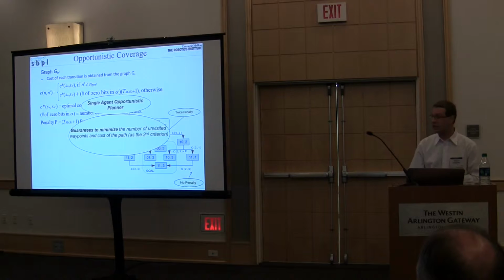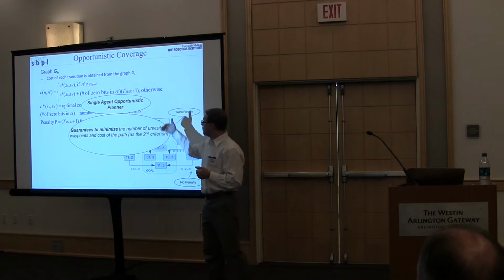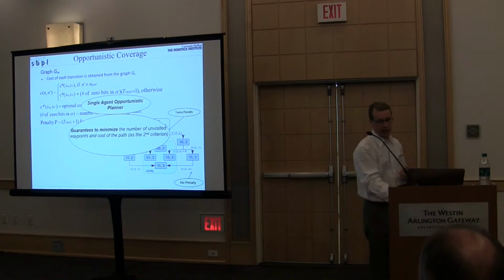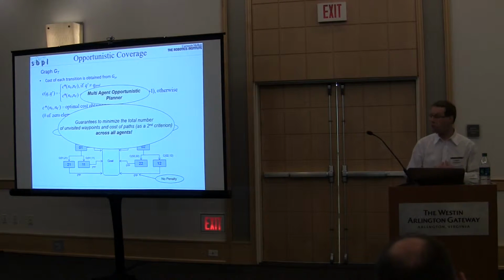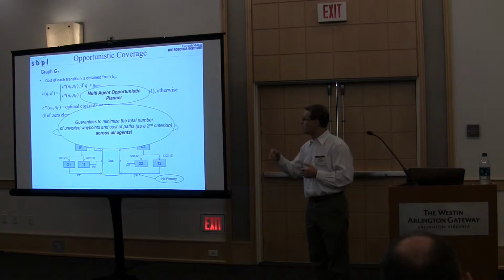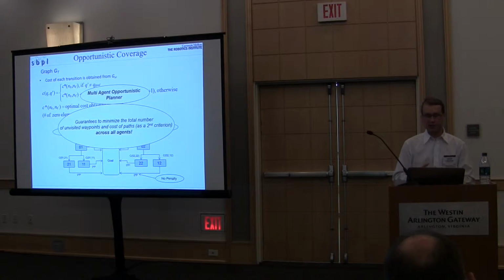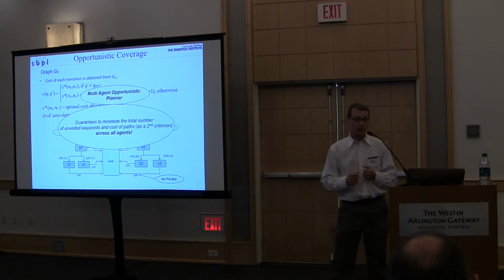The main point is that for each of these levels, for each graph, you want to make sure that it provides guarantees on the optimality, and then you can guarantee that the overall planner finds a solution that is provably optimal, that minimizes the total number of unvisited waypoints across all the UAVs, and as a secondary condition minimizes the cost of the paths of those robots.